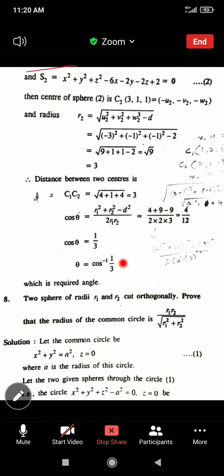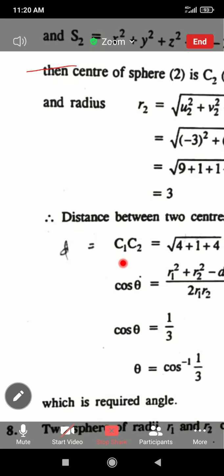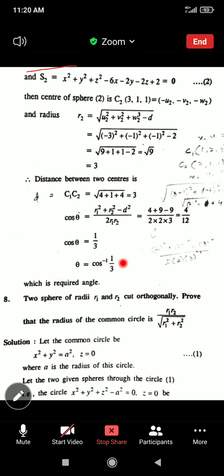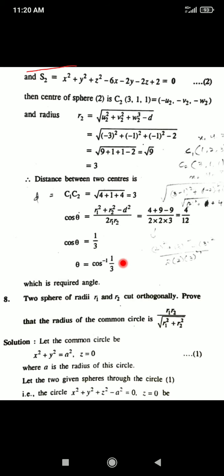Okay, so next, cos theta is equal to r1 square plus r2 square minus d square divided by 2 into r1 into r2. Here we know r1 is 2, so 2 square is 4. The value of r2 is 3, so square of 3 is 9. Then the d value, that is C1C2, the distance between the two centers, is 3, so 3 square is 9.